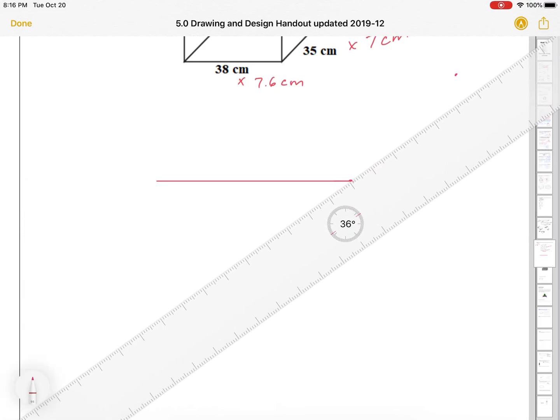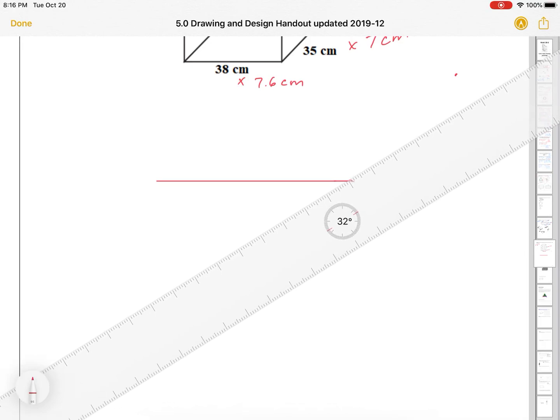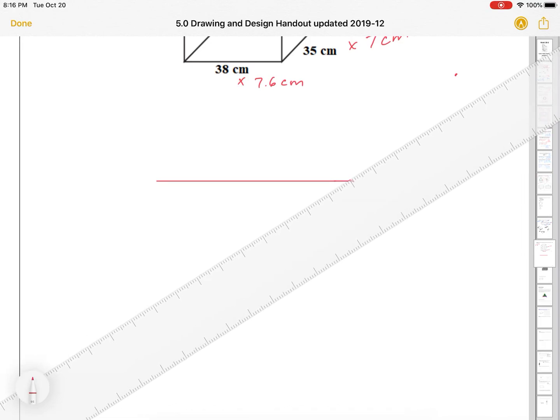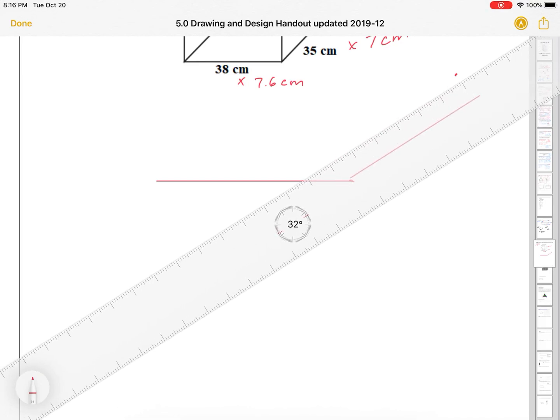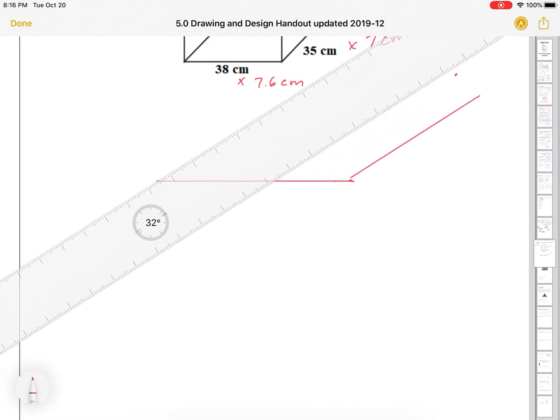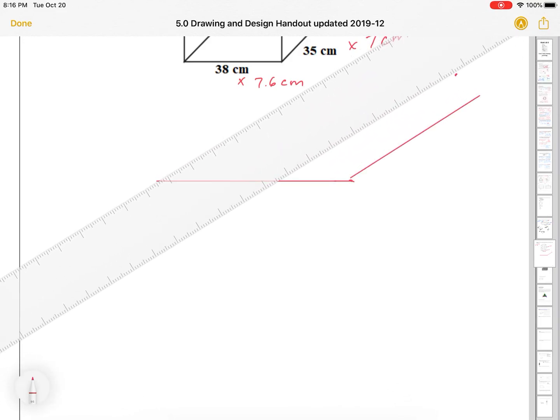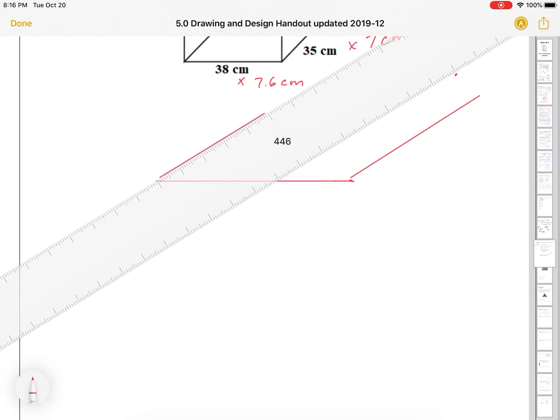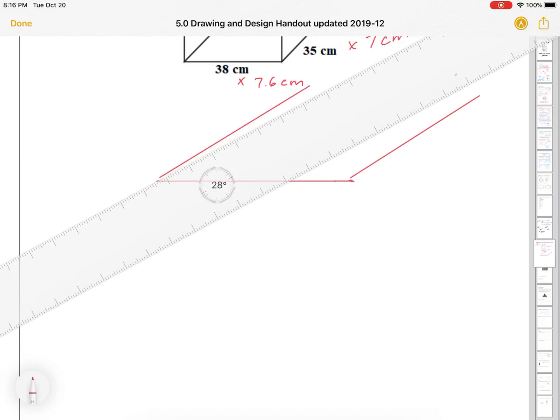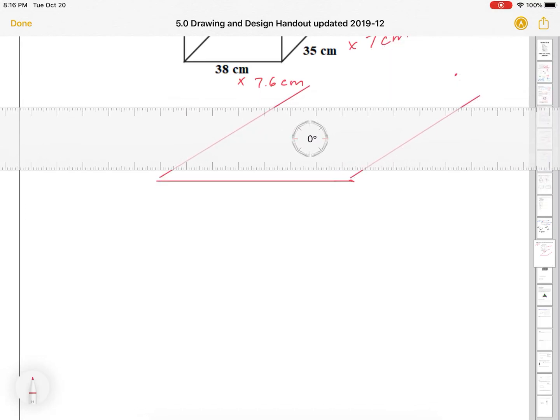If I'm sketching the depth like so, I want 7 centimeters. 1, 2, 3, 4, 5, 6, 7. I'm going to try and keep that same angle. Okay, and I'm going to draw 1, 2, 3, 4, 5, 6, 7. So this is how our top goes.